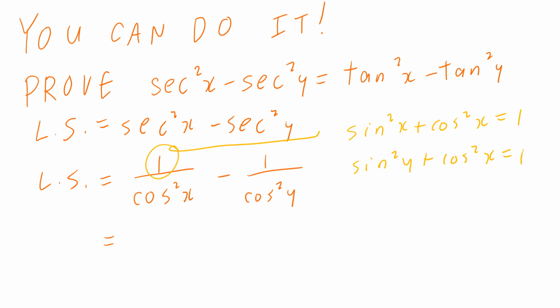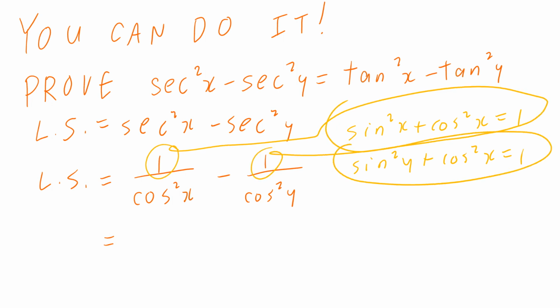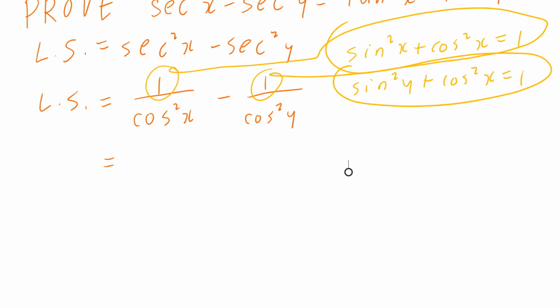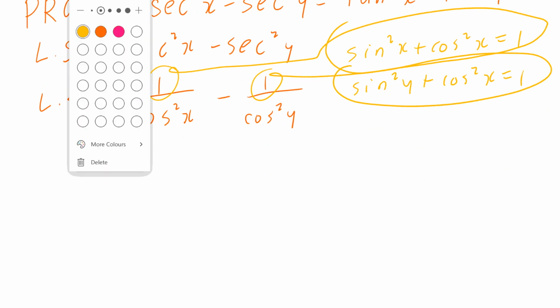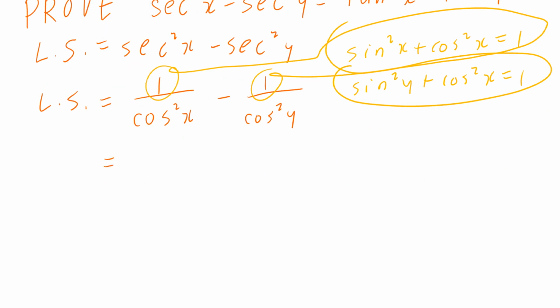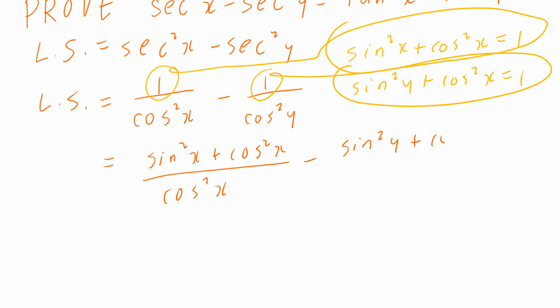So we're going to replace this 1 with this and this 1 with this right here. So let me go back to the same color. So now this is going to be sin²x plus cos²x all over cosine x squared minus sin²y plus cos²y.